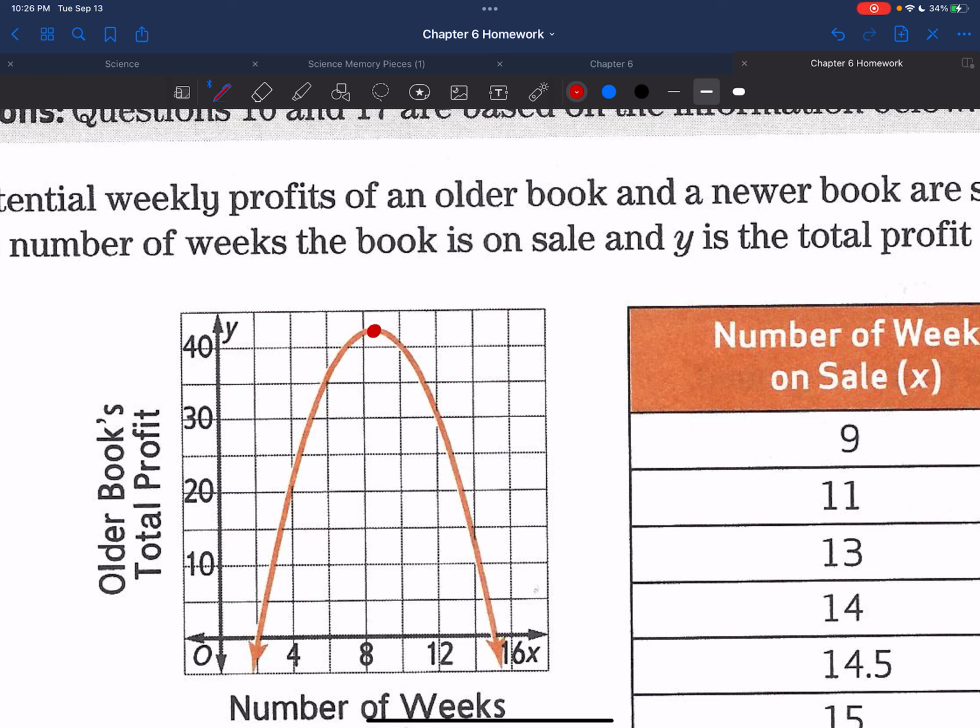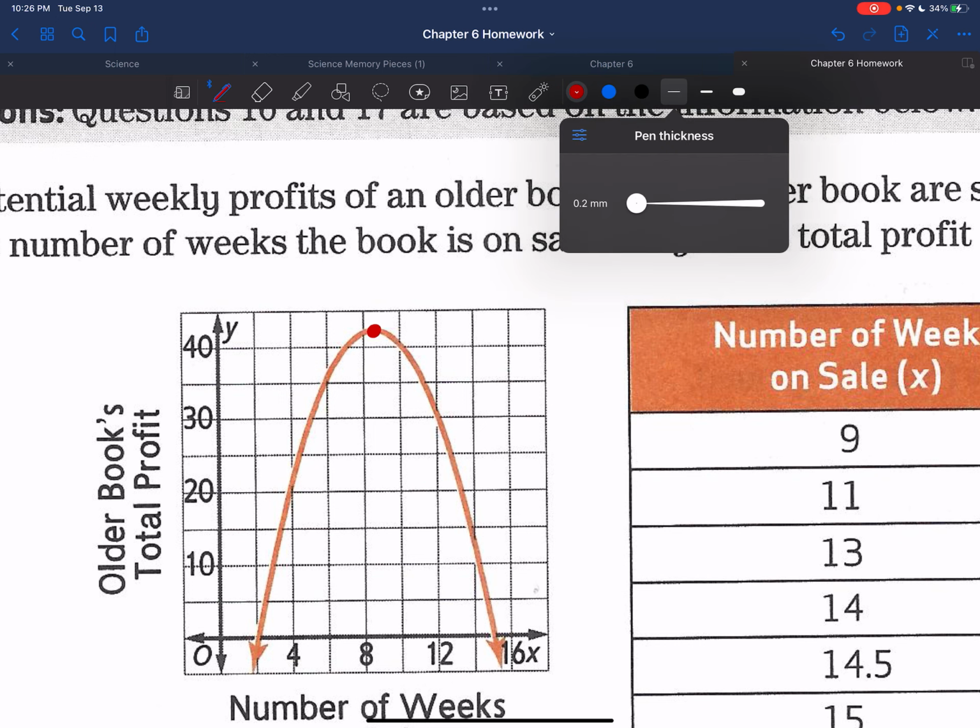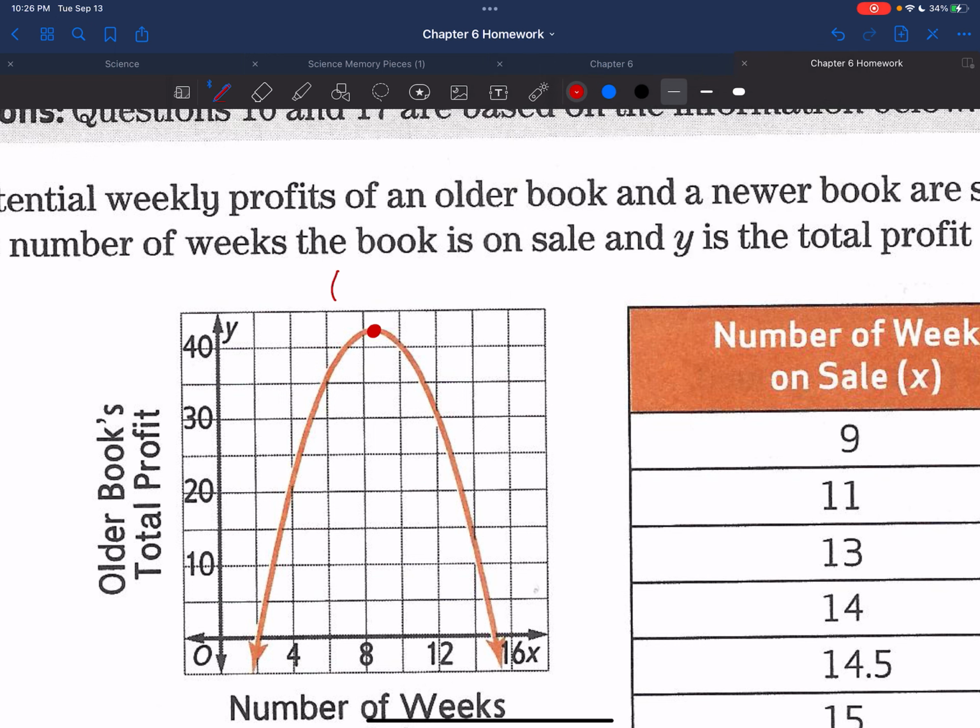I am thinking around 8.5 to 9. In other words, if you put that as a point, I think it's about 8.5 weeks. You reach that maximum potential of about 42, maybe. I don't know. It doesn't matter what it is.